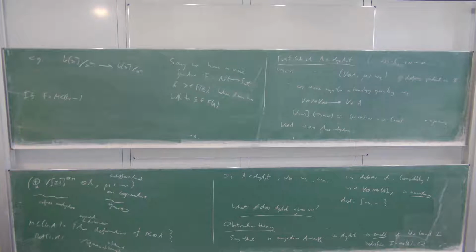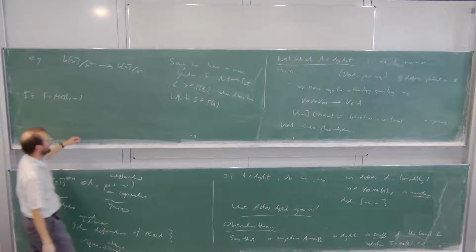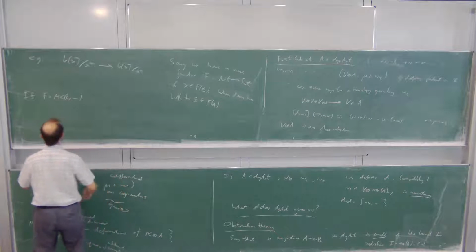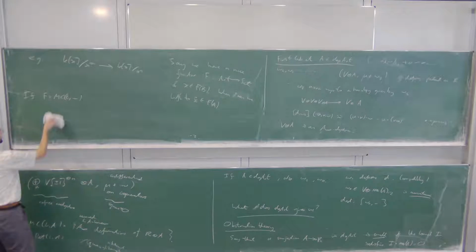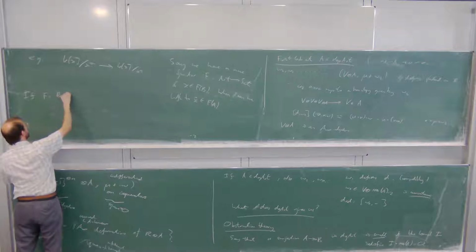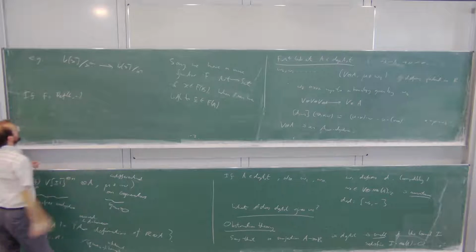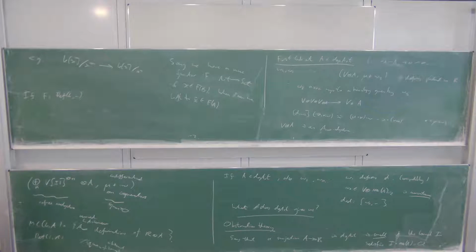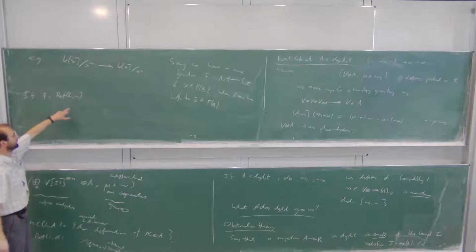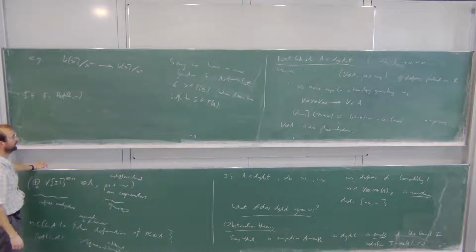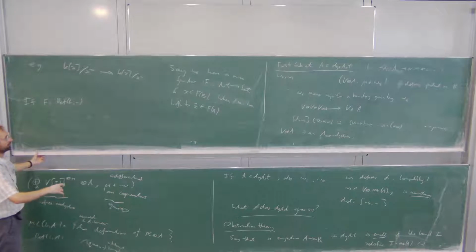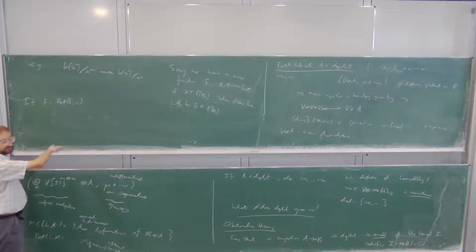So if F is a Maurer-Cartan functor, let's do the deformation functor. So we have some Maurer-Cartan element with values in B, and we want to lift to one with values in A, such that the image is gauge equivalent to the one we started with.